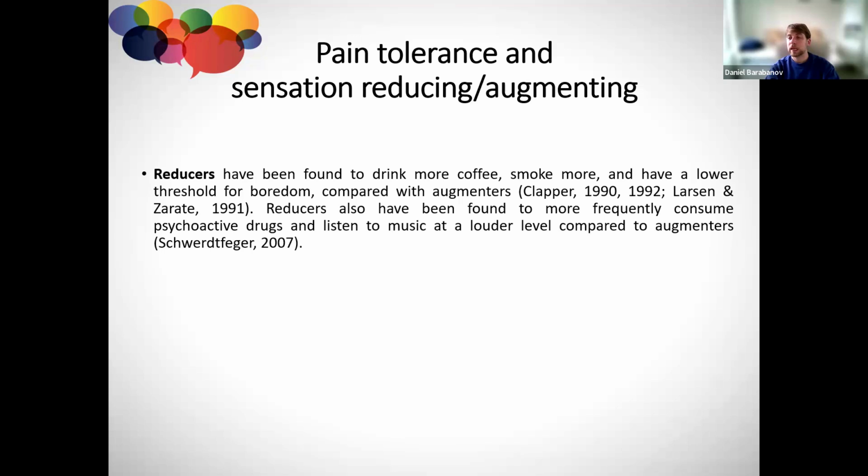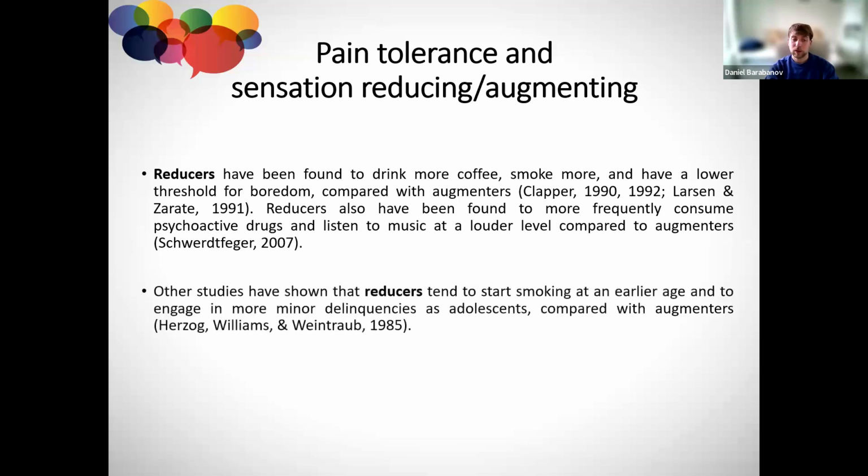So because their nervous system reduces sensation, they seek more substances and activities which bring them more sensations and make them stronger, so they will feel something. So that's why they probably more frequently consume psychoactive drugs and listen to loud music compared to people with a more sensitive nervous system.